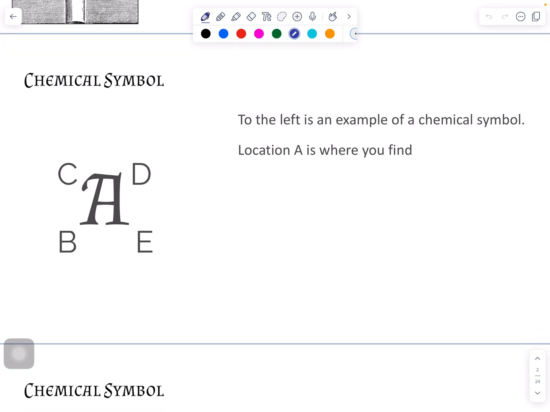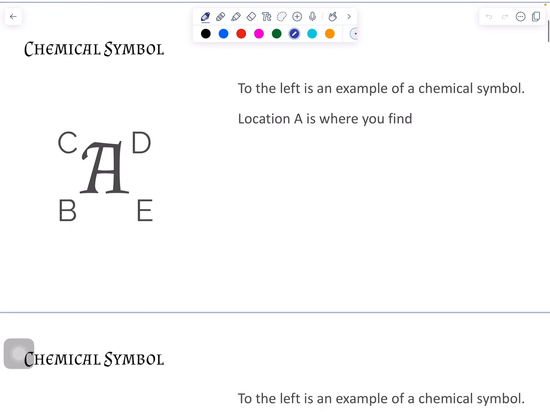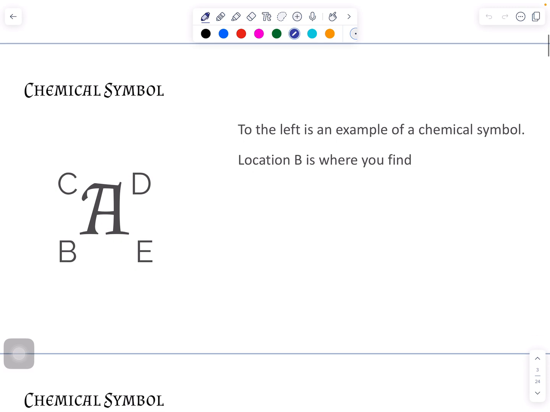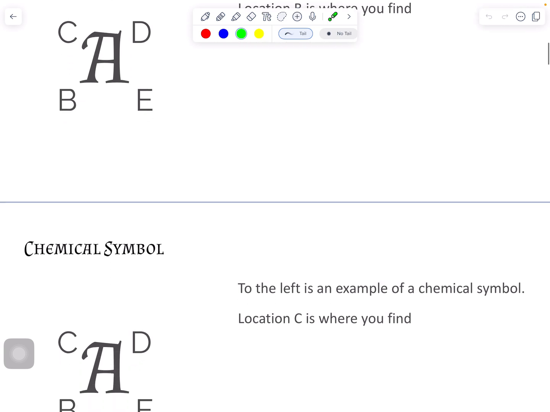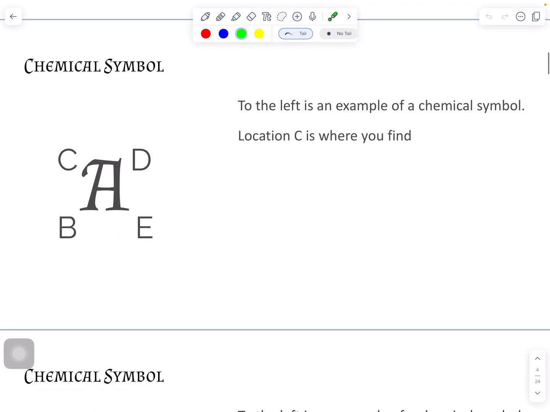Chemical symbol. To the left is an example of a chemical symbol. This is just a general example. Location A is where you find. All right, on our symbol, location B is where you find, so just make sure, location B. Location C is where you find.